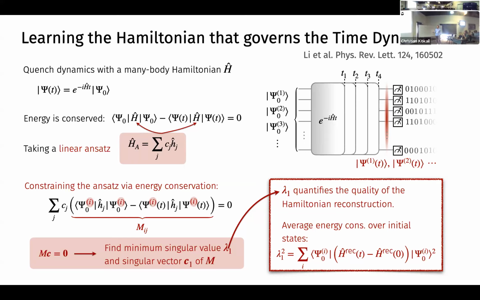This also comes with a quantifier of how well this works. The smallest eigenvalue quantifies the quality of this Hamiltonian reconstruction. Actually, this lambda 1 squared literally tells you how well energy is conserved for all the initial states.